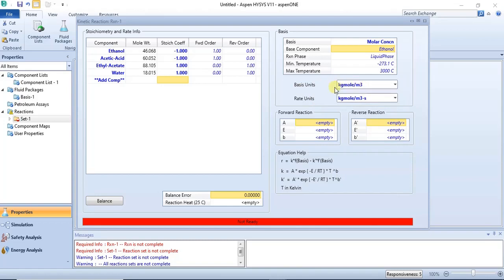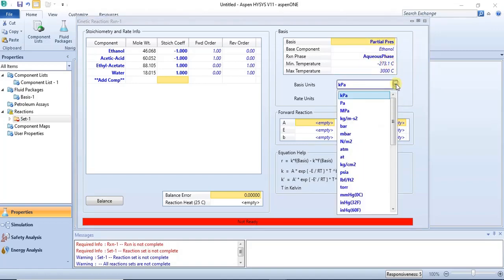Then you have the basis unit. This basis unit is associated with the concentration basis that has been specified here. So we specified molar concentration, right? And then you have kg mole, right? So if you specify, let's say, partial pressure, you will see that the unit will change, right? So you see it changes to kPa, or whatever pressure unit you are working with, right?